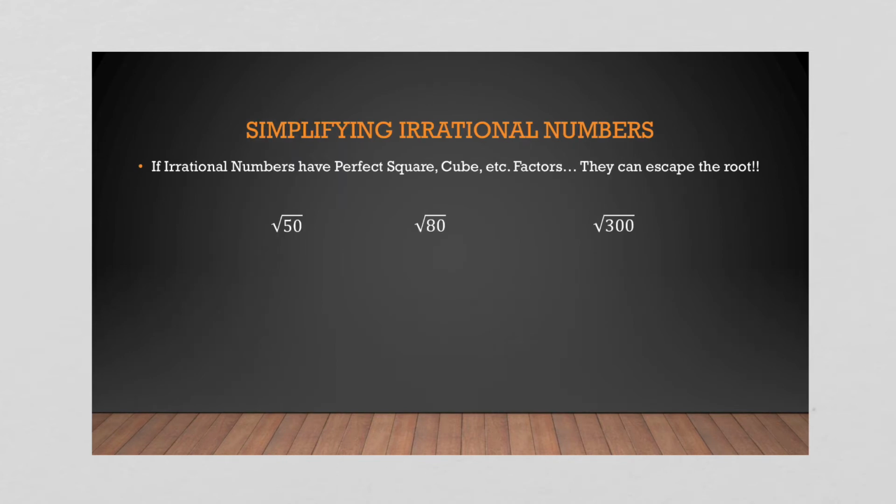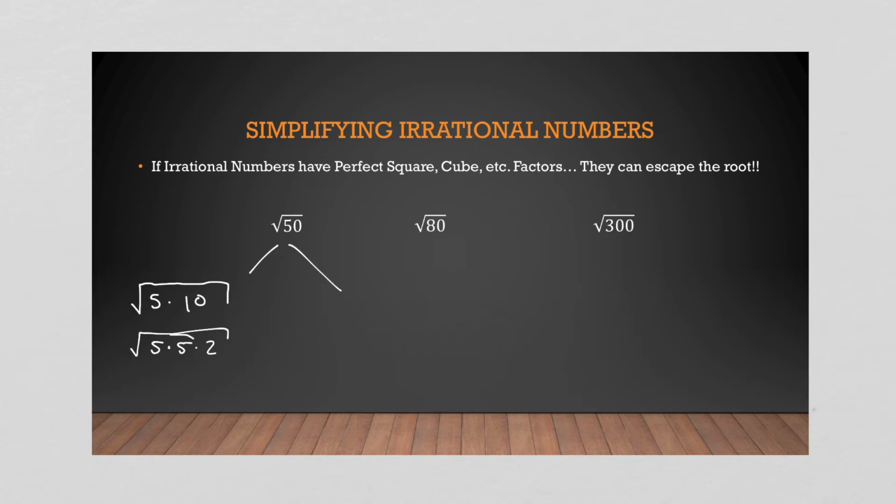So what about simplifying? When we simplify an irrational number, it means some of that irrational number can come out of the root. For a square root, we're looking for factors under the root that are perfect squares that come out, or we're looking for 2 identical factors. So let's look at 50 2 different ways. The first way is I know that 50 is 5 times 10, which means 50 is 5 times 5 times 2.